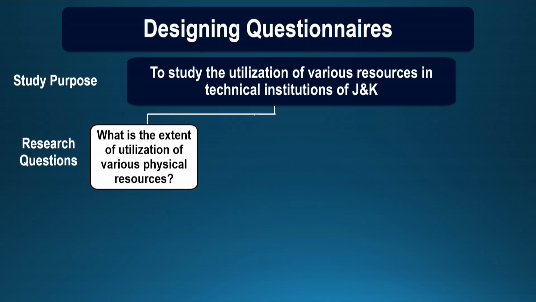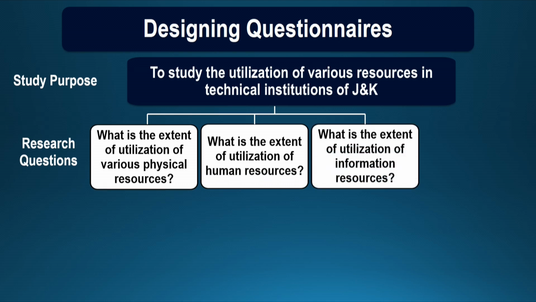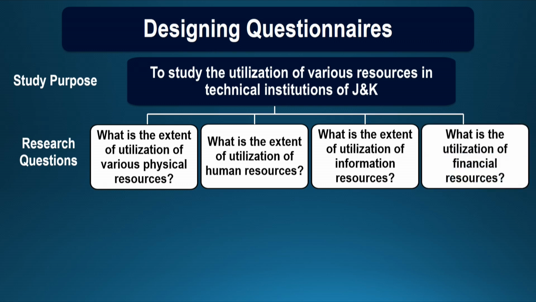Another may be, what is the extent of utilization of human resources in technical institutions? The third question may be, what is the extent of utilization of information resources? And the fourth may be, what is the extent of utilization of financial resources in technical institutes?